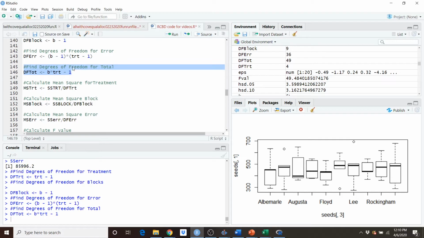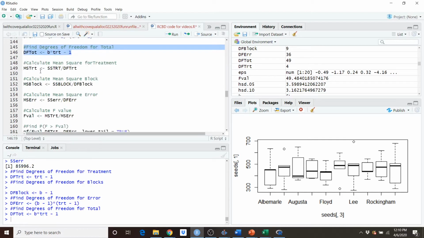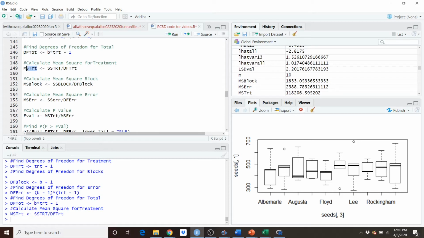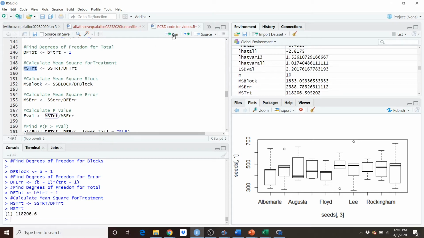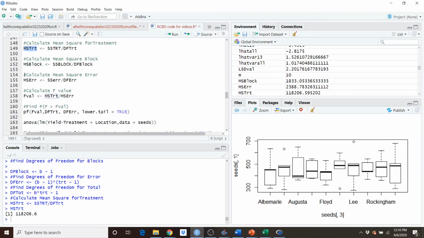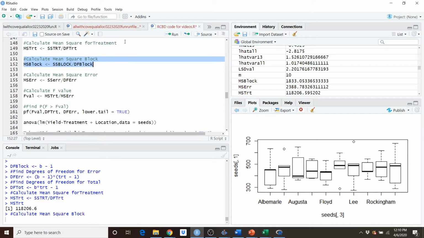Okay, so now that we've got this run, let's calculate our mean square for treatment. Mean square treatment is sum of squares treatment over degrees of freedom for treatment. So our mean squares treatment, 118,206.6. Mean square block, sum of squares block over degrees of freedom for block.